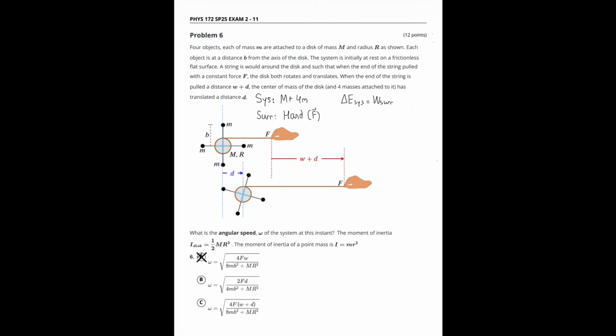For point particle, we have that the change in translational kinetic energy is equal to our F net times change in R about the center of mass. So in the x direction, our F net is just our applied force, and our change in R about the center of mass will be a distance of d.